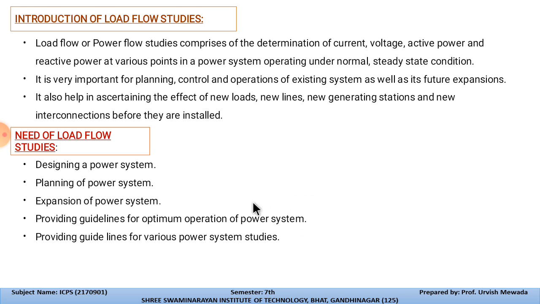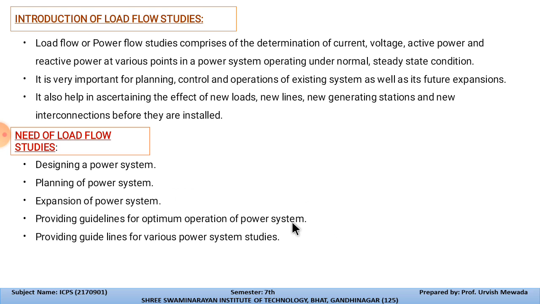For the optimum operation, without wear and tear and without failure of the power, we can give pure power to the consumer, or we can drive the load. Means we can give the appropriate power to the consumer, and we can drive the load. So that is called the optimum operation of the power system.